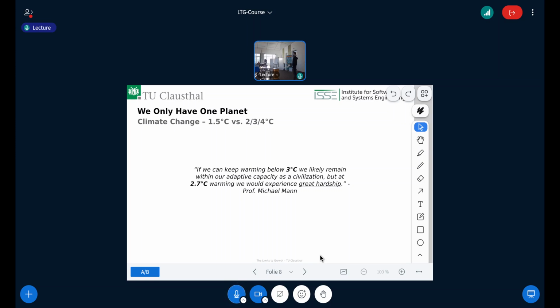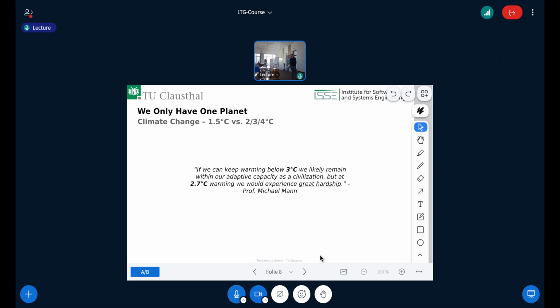Some researchers make estimates to the best of their judgment where this threshold is. Michael Mann from, if I'm not mistaken, Penn State University was once asked where he would think that this upper limit is, and he estimated that everything above 3 degrees is where civilization as we know it would probably crumble and fall apart.